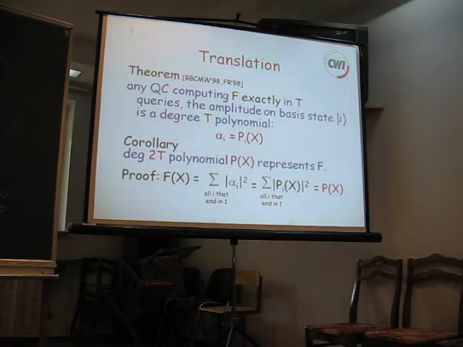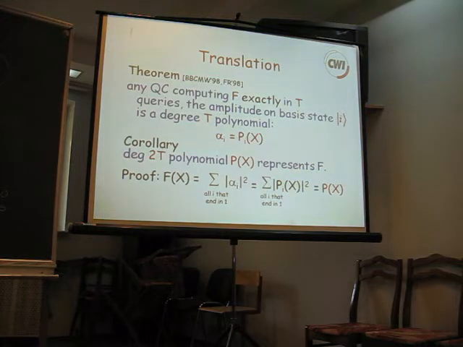Well, if f is 1, then the probability that sits on all the states that end in a 1 in the exact case should equal 1, should sum up to 1. So the sum of these squared amplitudes is 1. And since each of these amplitudes I can compute by means of a degree t polynomial, I get that the sum of these polynomials squared is equal to the function f.